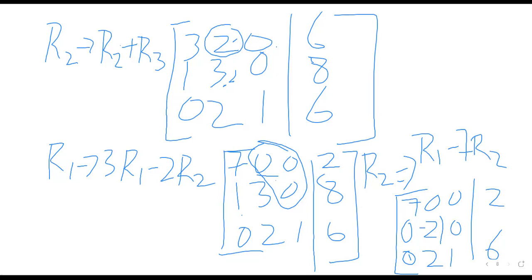And then row 1 here is 2. 2 minus 7 times 8 will give me 56. So here will give me negative 56.